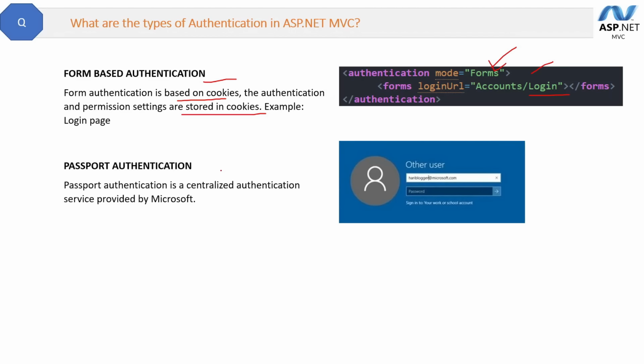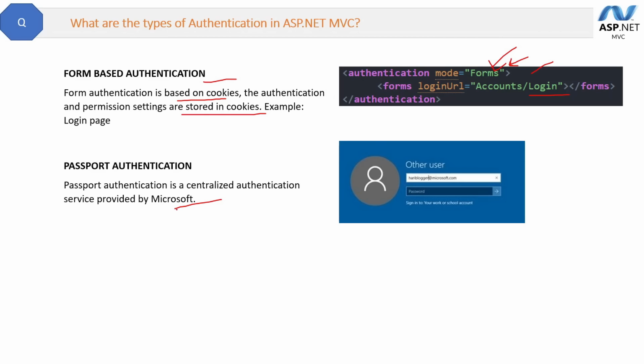The next type is passport authentication. Passport authentication is a central authentication service provided by Microsoft. For example, you want a very strong authentication mechanism for your system, and forms authentication might not be very strong because it is developed by your own developers, and there might be some loopholes, like someone can hack it. That is a very good possibility.